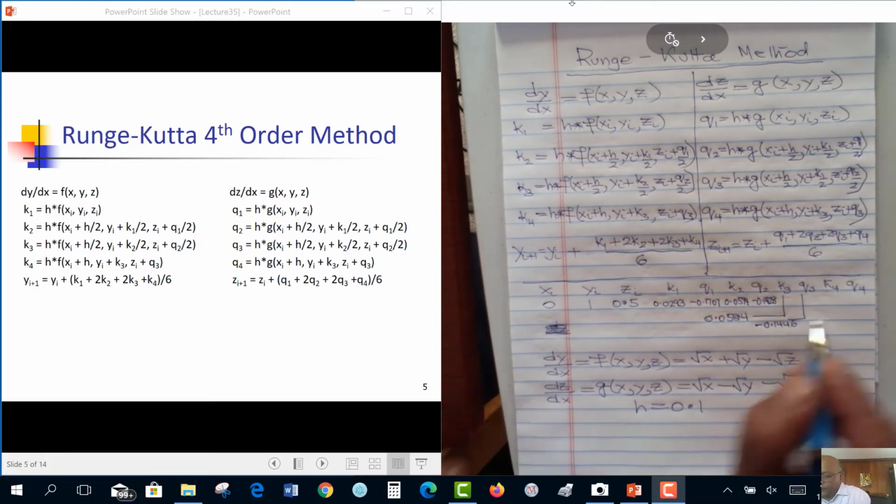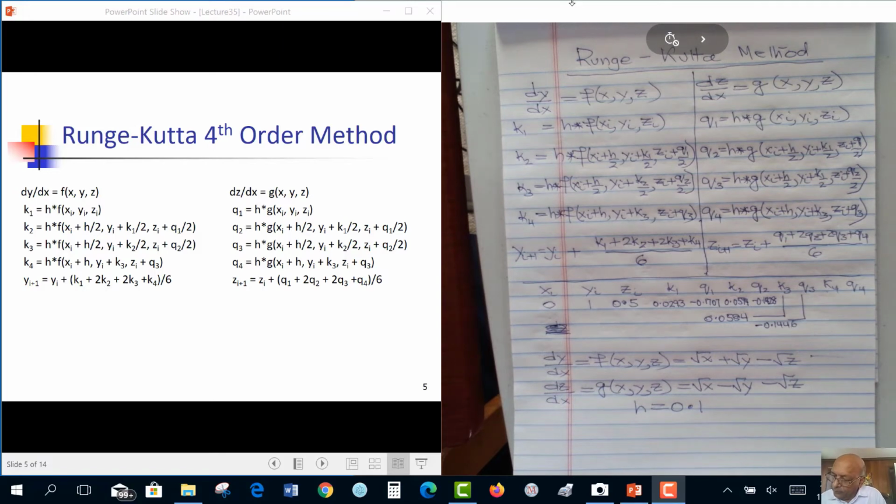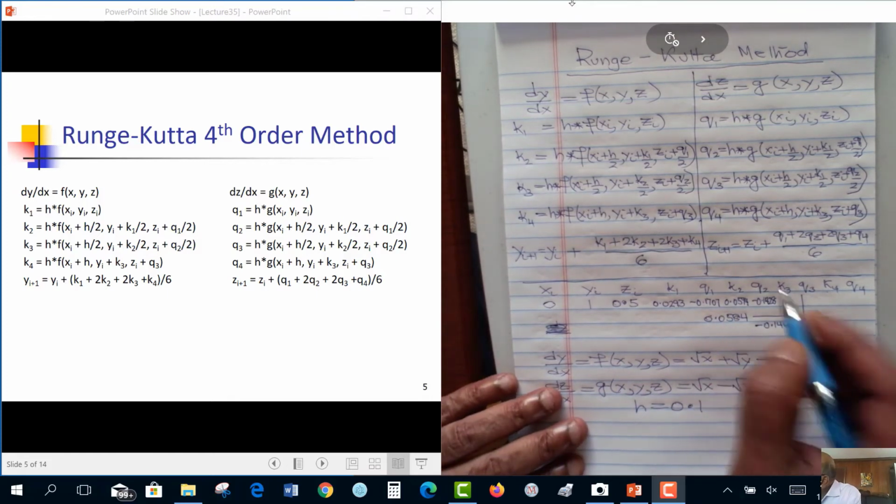Okay, let's do K4. So this time X is 0.1. For Y, we'll do 1 plus K3, 0.0584, square root, of course. For Z, 0.5 plus Q3, and we'll get 0.0749.